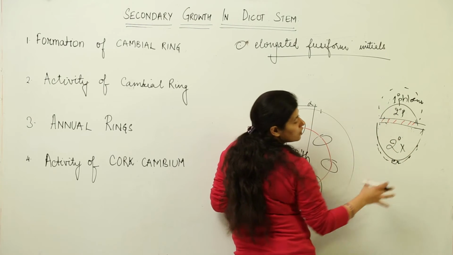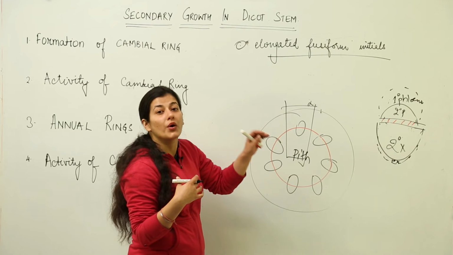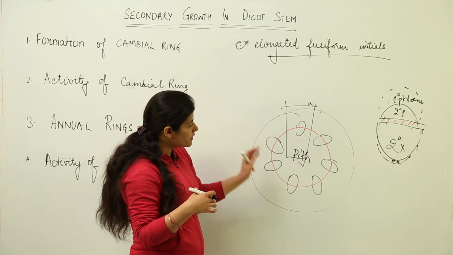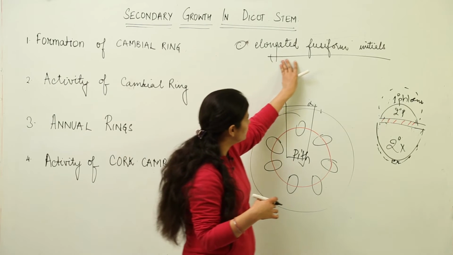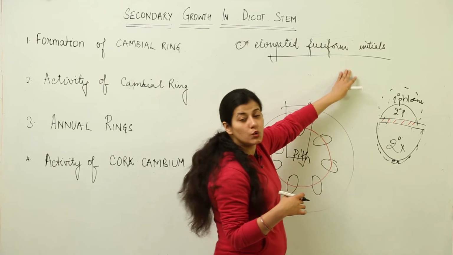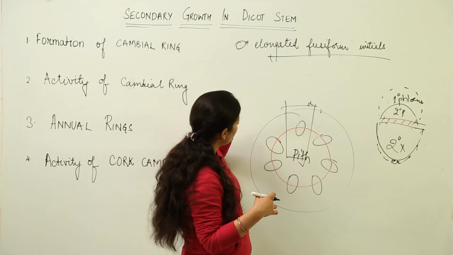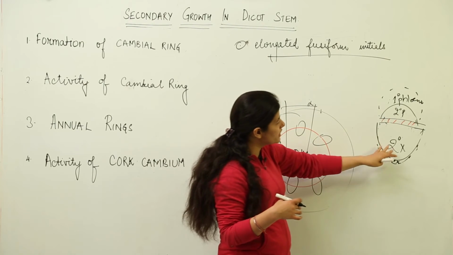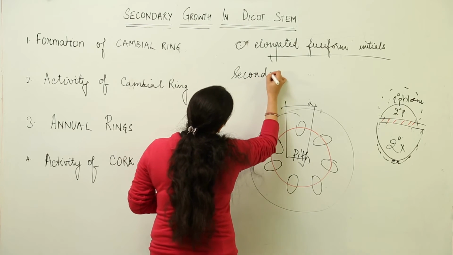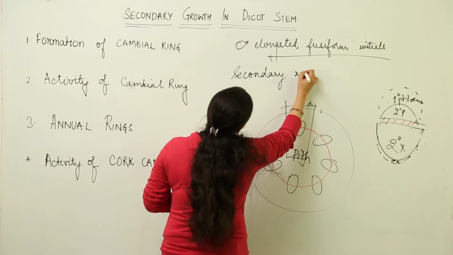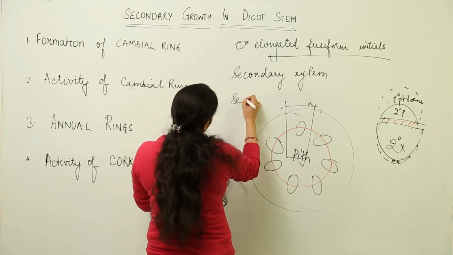because the formation of xylem, that is the secondary xylem, by the cambial ring is quite rapid. What you have to remember is how the division takes place: it is by vertical or oblique division by the cells which are known as fusiform initials. They undergo oblique and vertical divisions and form the secondary xylem towards the pith, while the secondary phloem is formed towards the outer periphery.